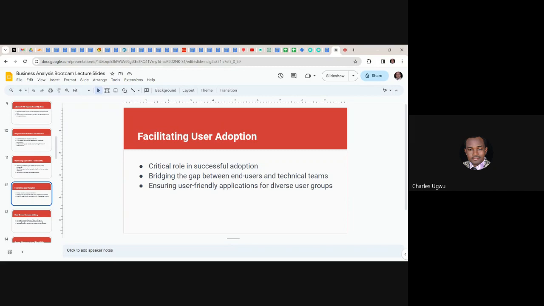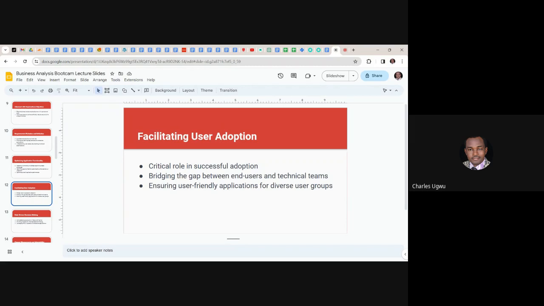You bridge the gap between end users and the technical team. So many of these end users, it's very difficult for them to communicate to the technical team what they really want. Because so many of the developers have developers' language.